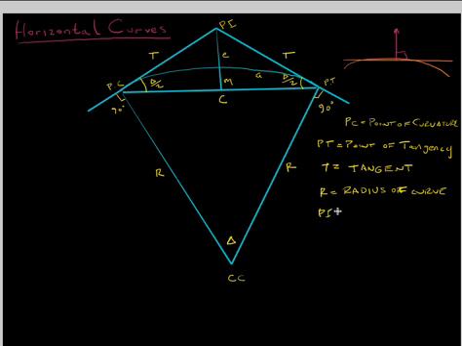PI is the point of intersection. CC is the curve center. This is delta, right? This symbol is equal to delta.